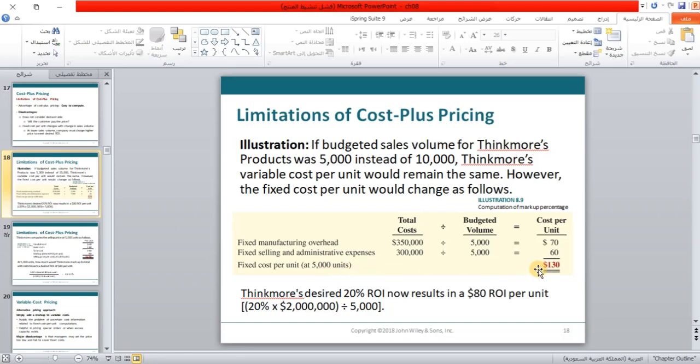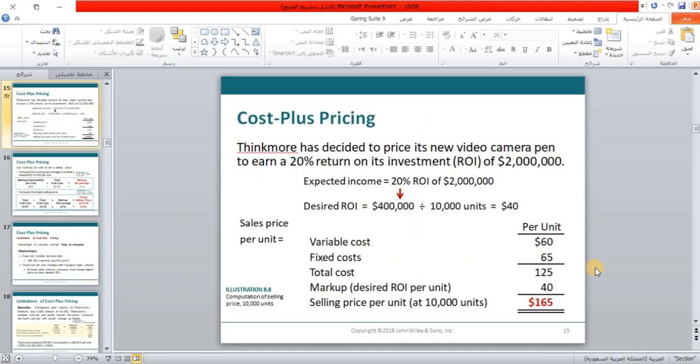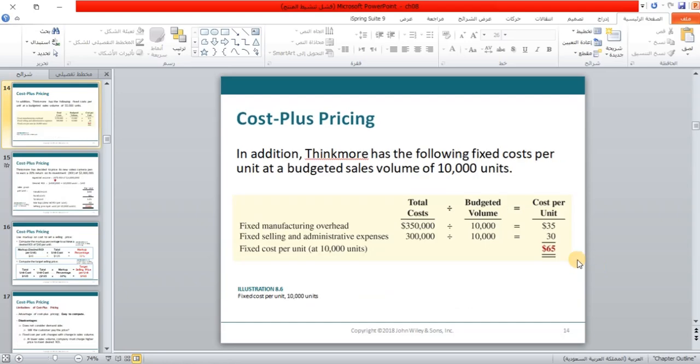In the previous exercise, the fixed cost per unit at 10,000 units was only $65. At production and sales volume of 10,000, fixed cost per unit was $65.